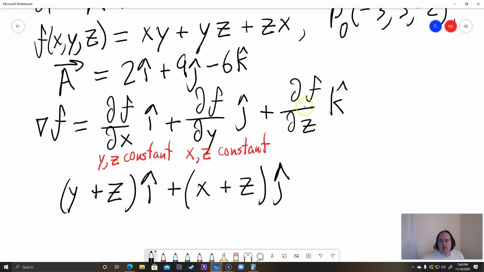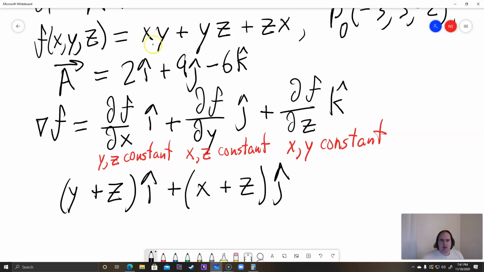And then for our third coordinate, for the partial f partial z, that means the other two variables are constant. So here that means x and y are constant. So if x and y are constant, then the derivative of xy is just the derivative of a constant, which is 0.